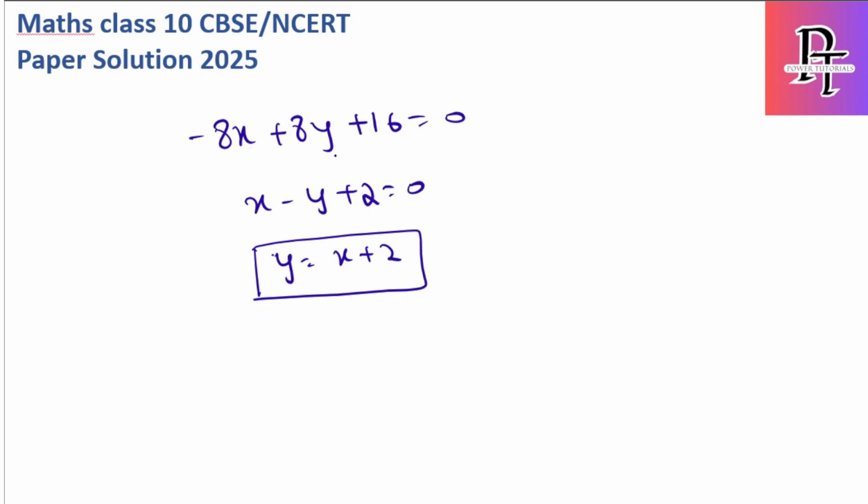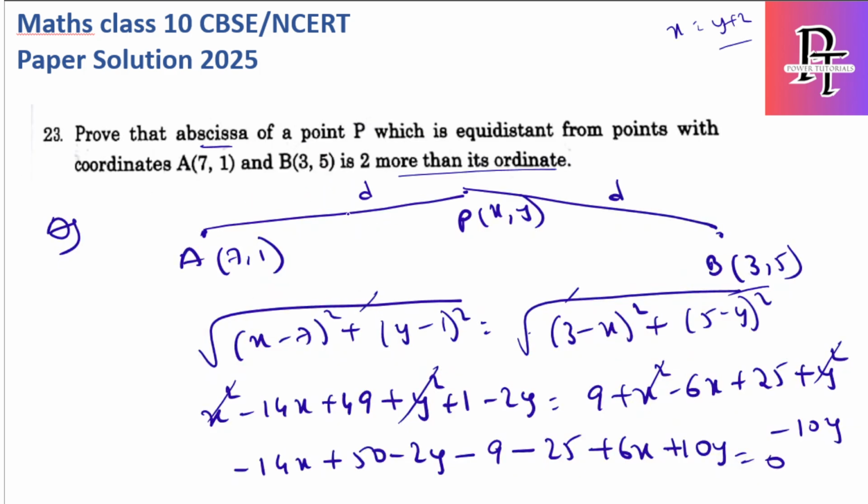So it's x minus 7, y minus 1 whole square, and here it is 3 minus x, 5 minus y. x square minus 14x plus 49 plus y square plus 1 minus 2y, 9 plus x square minus 6x, 25 plus y square minus 10y. Okay, x square, y square, x square, y square cancel. Minus 14 plus 6, so minus 8x. 49 plus 1 is 50, minus 34, so it's plus 16, and y is plus 8y.